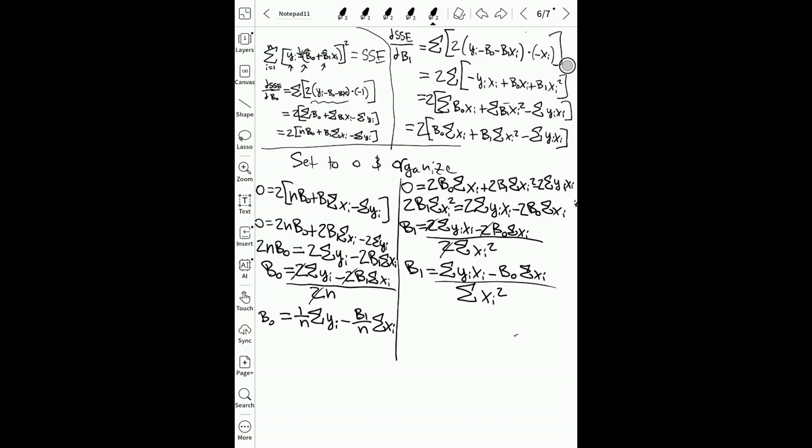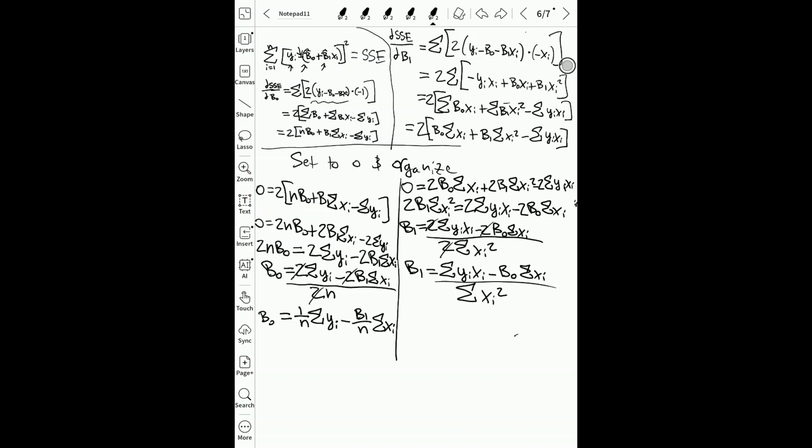So we found the 2 partial derivatives, one for beta naught, one for beta 1, for that point where it's equal to 0. Now we're going to take these solutions for beta naught and for beta 1, and substitute one into the other to try and get a cleaner solution.